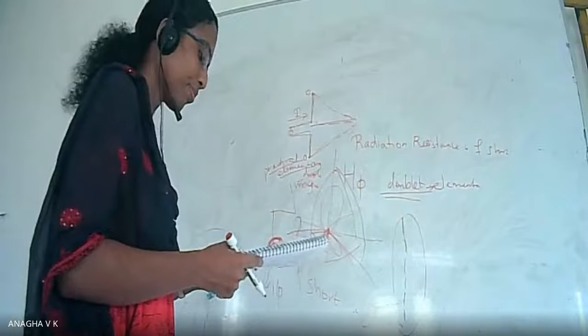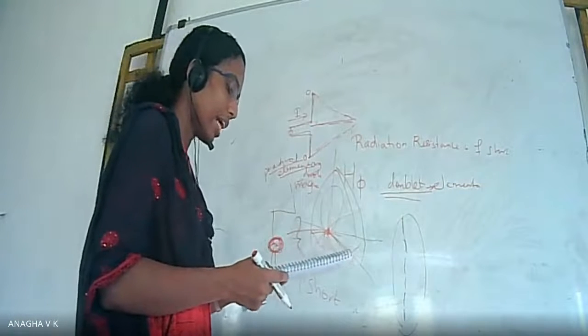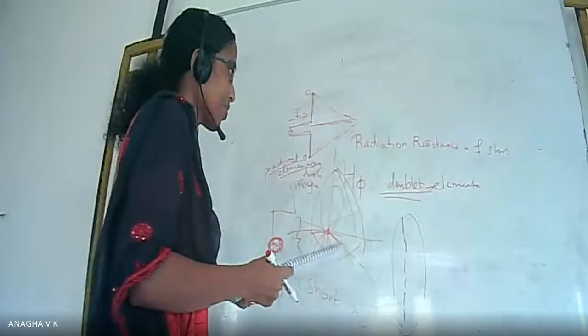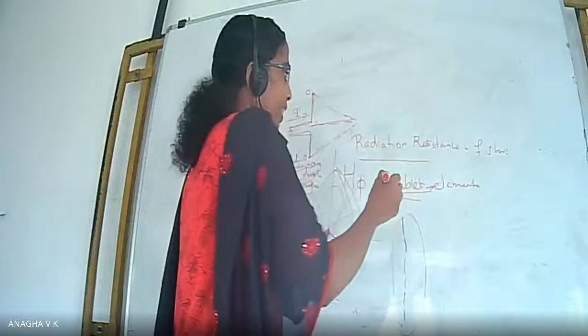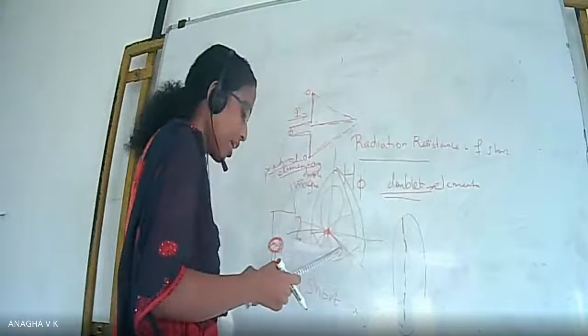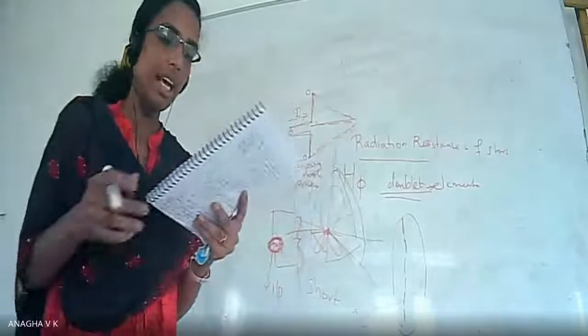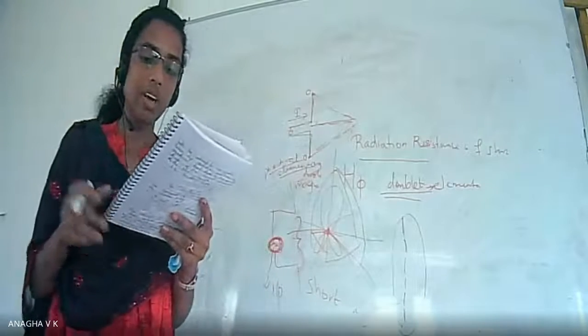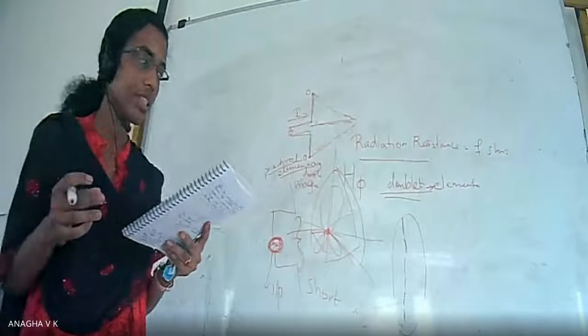Next, what? The short or practical dipole of length L will radiate only 1/4. So we are discussing the radiation resistance of the short dipole and the half wave dipole. The short or practical dipole of length L will radiate only 1/4 as much power as a current element of the same length.